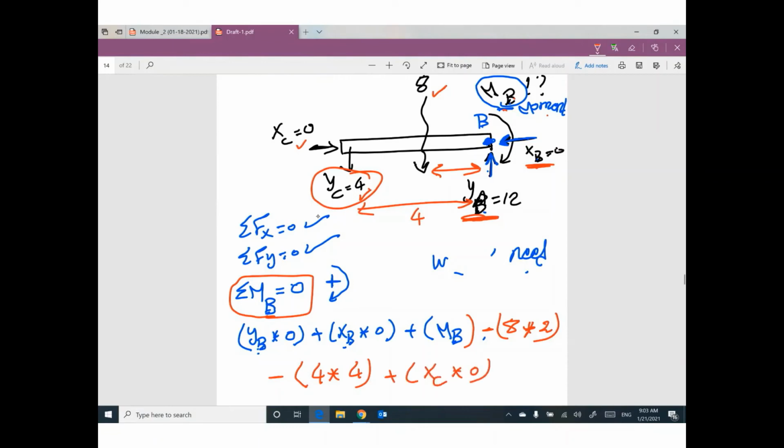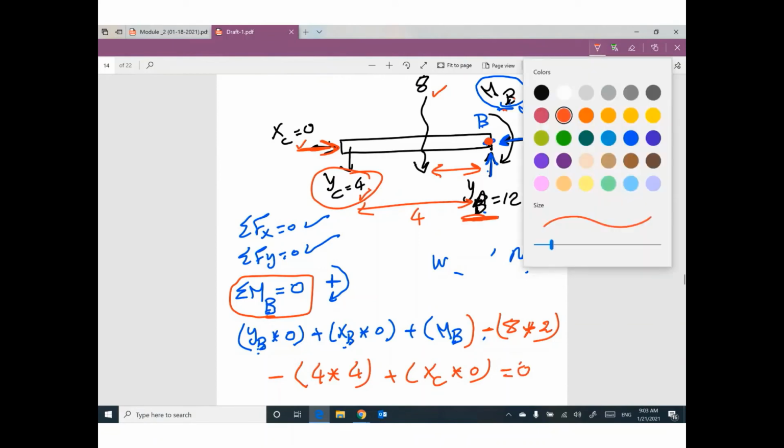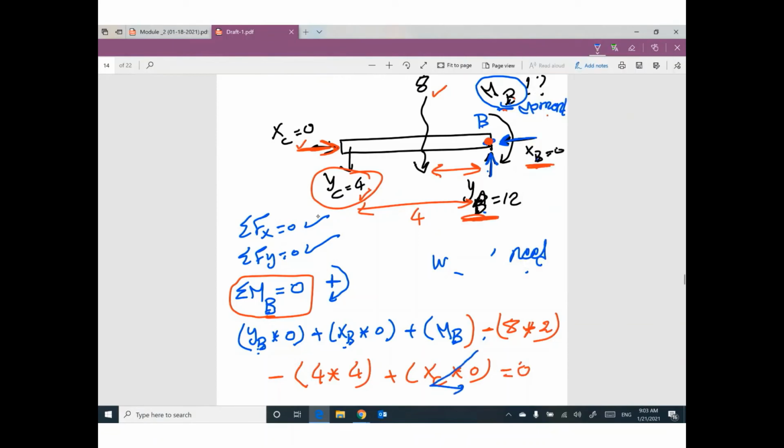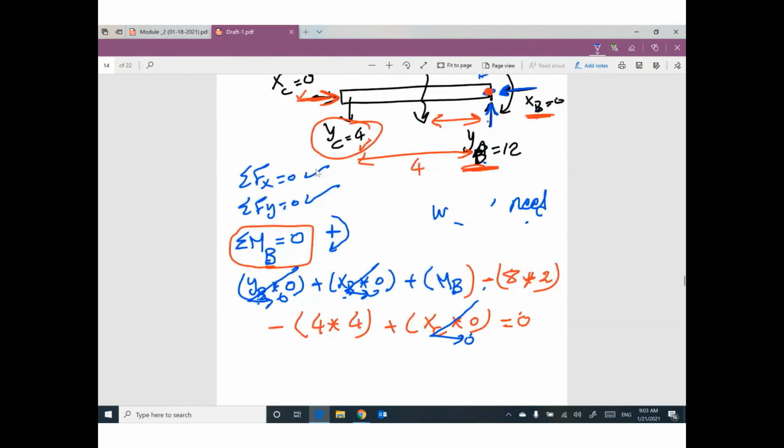We don't have distance between this XC and your point B. Equals 0. This term will be cancelled. The only unknown in this problem is MB, so I can figure out the value of MB.